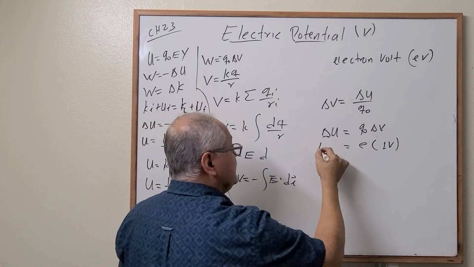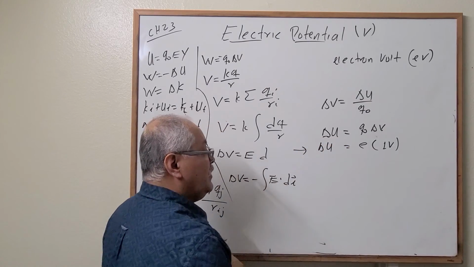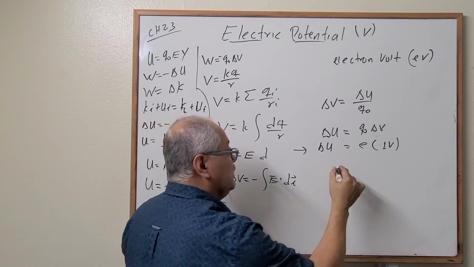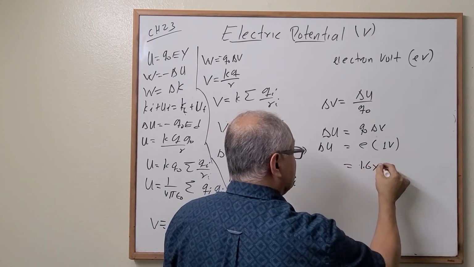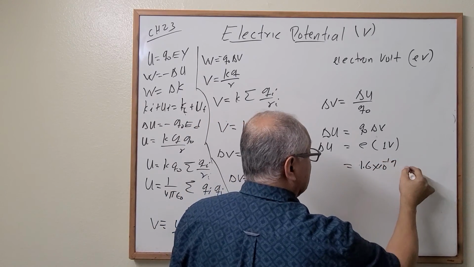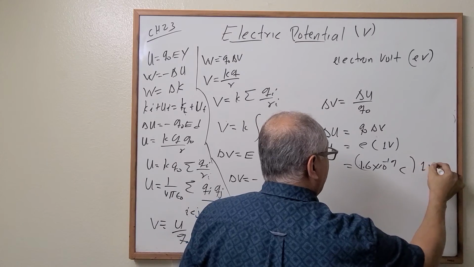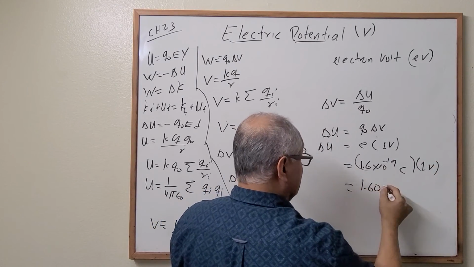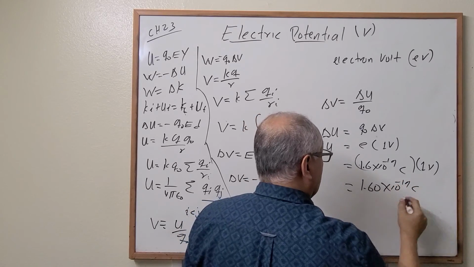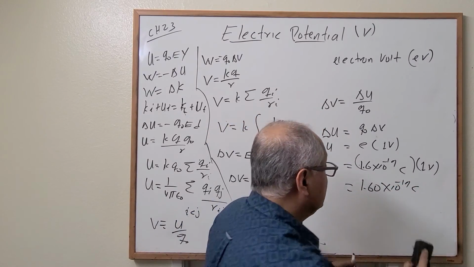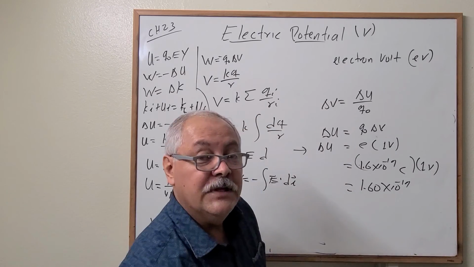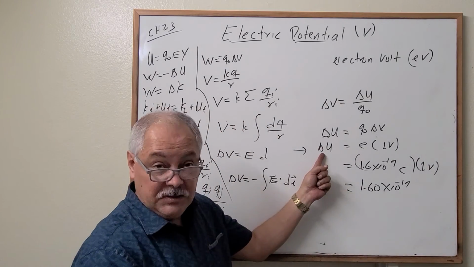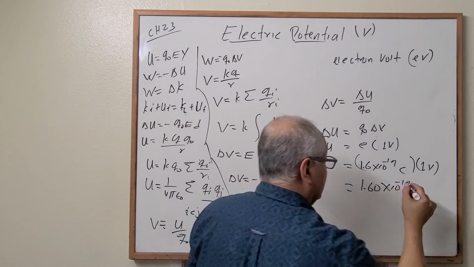Let's find this energy. What should be the energy? It is equal to 1.6 times 10 to the minus 19 coulombs times 1 volt. It is equal to 1.6 times 10 to the minus 19 coulombs times volts, which is joules. Remember, that's the unit for energy.